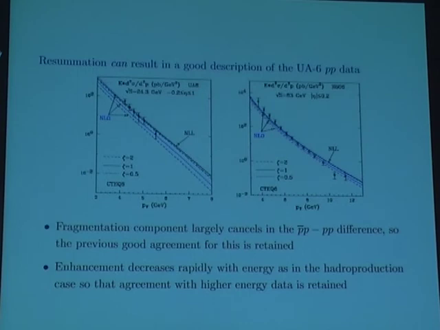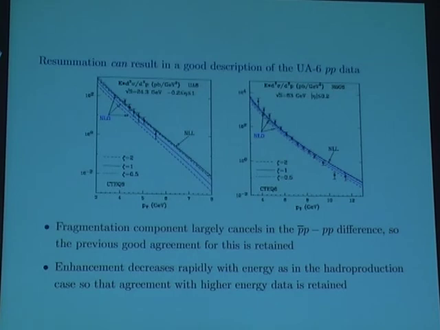Here, however, is a plot of the UA6 data, the proton-proton data, which, as you'll recall, had the theory underestimating the data. Now it looks like the theory and the data agree rather nicely. Again, if you go up to the ISR energy range, the agreement is still good because the fragmentation contribution is decreasing.